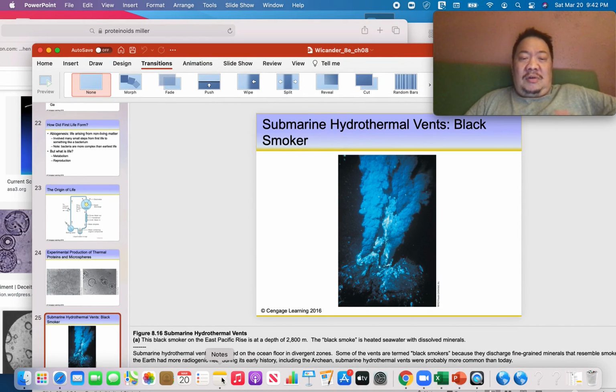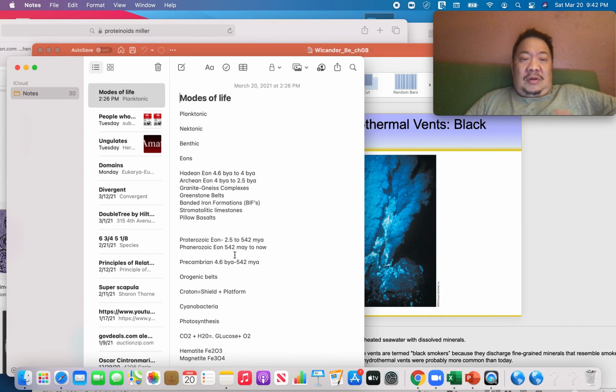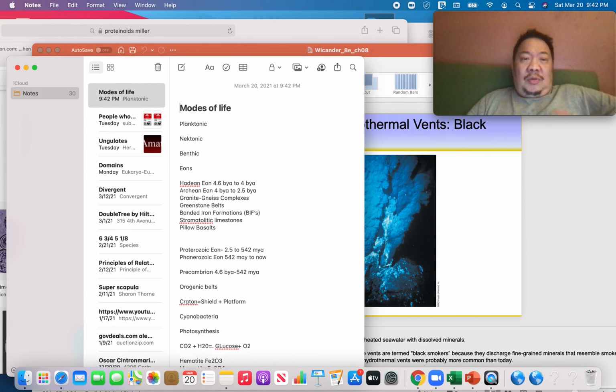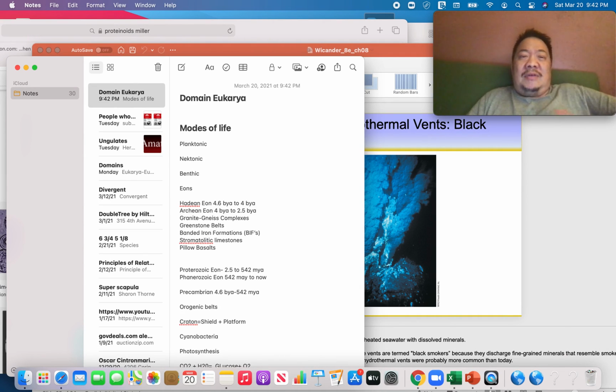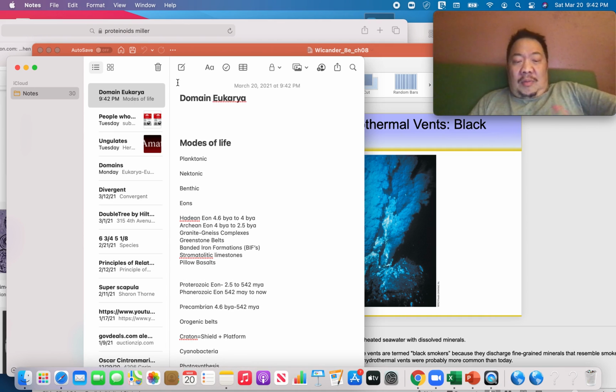You might recall that there are 3 domains of life. Domain Eukarya, which breaks down into Kingdom Animalia, Kingdom Plantae, Kingdom Fungi, and Kingdom Protista. Then we had domain Eubacteria. In English, we call them bacteria, such as those that made the stromatolites.